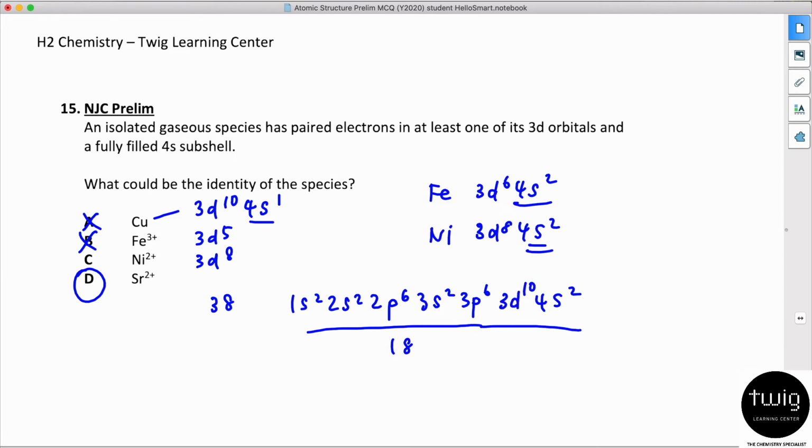After that is 4p6, 36, and then 5s2. So if it's strontium 2 plus, it will have lost the 5s2 electrons. So it will still have a fully filled 4s. Can you see that? Strontium 2 plus is just without the 5s2, so the 4s2 is still there. That's why the answer is D. Okay, let's look at the next question.